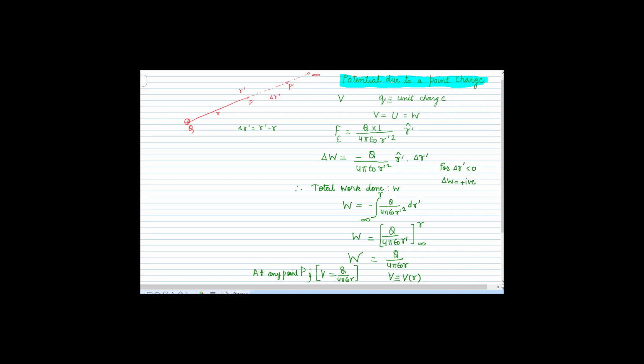This is how we write a function: this is electrostatic potential V, and this V depends on R. So V may be written as a function of R. Finally, we can write the electrostatic potential as Q upon 4 pi epsilon naught R. If we have any source charge capital Q which is creating an electric field, then at a distance of small r, it will have the electrostatic potential of Q upon 4 pi epsilon naught R.